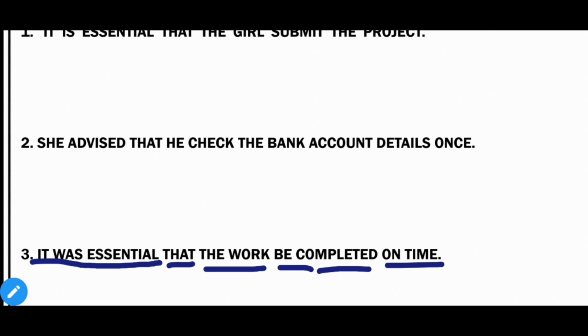In our usual writing, we write that it was essential that the work was completed on time. But here we have used this word essential, which is a special word to create subjunctive mood.